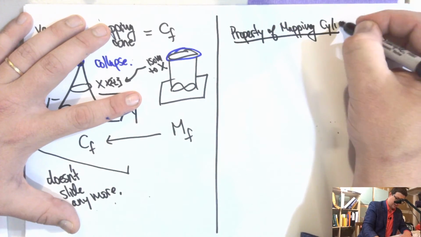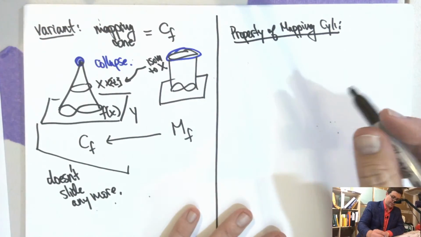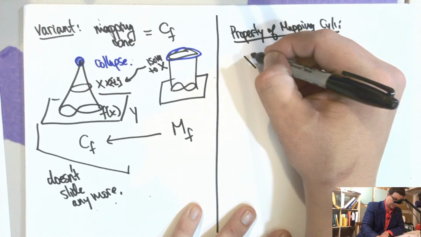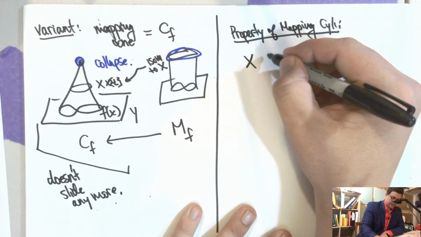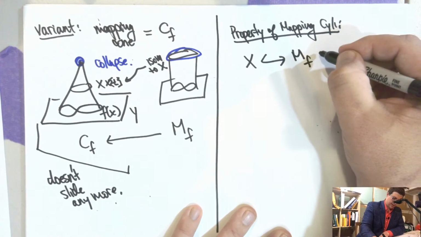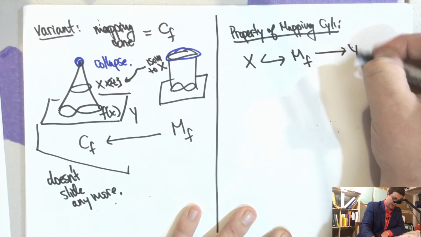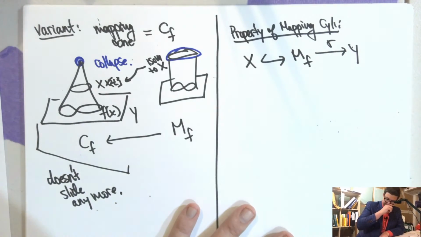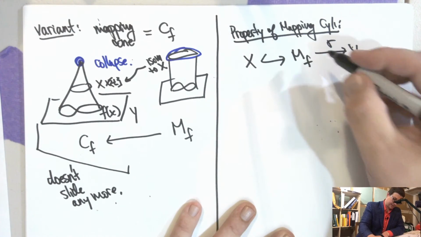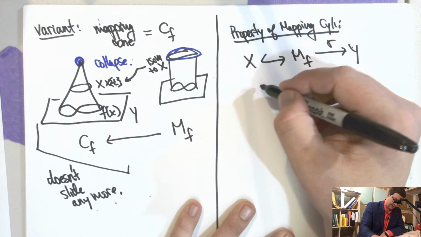You can take X, and I can stick it into this thing MF, and then I can project this thing down into Y. So this is the retract, right?